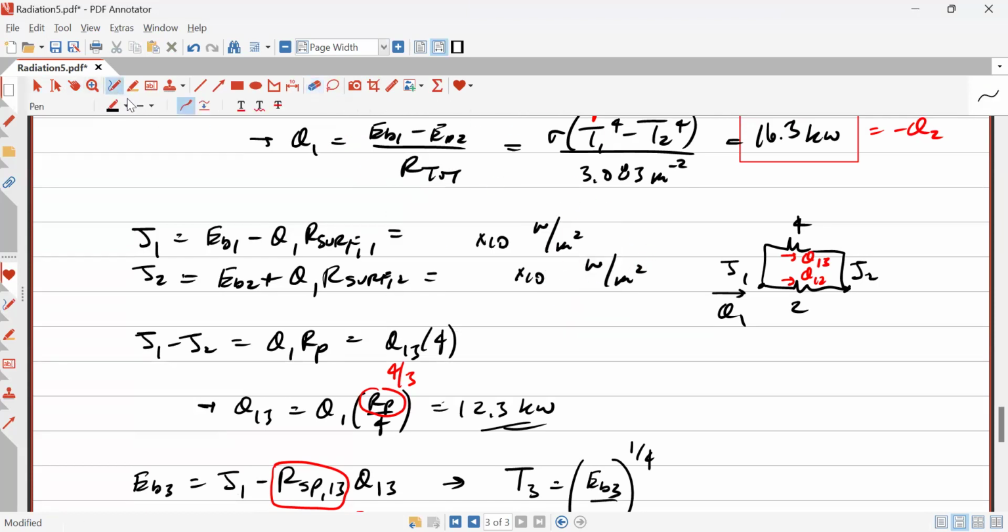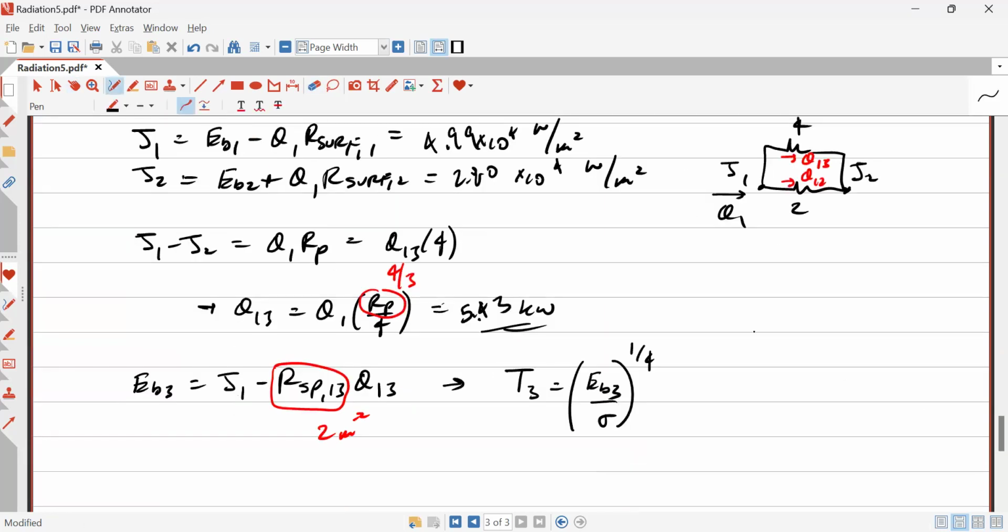J1 ends up being 4.99 times 10 to the 4th, and J2 is 2.90 times 10 to the 4th. As a result, Q13 is 5.43 kilowatts. And then when you do the math here, you get a value of T3 of 910 Kelvin.